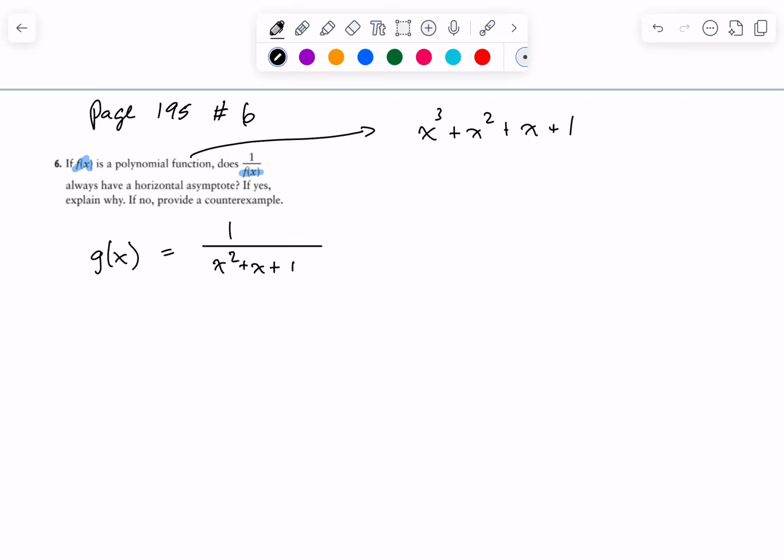In that instance, you have to recall, because we're talking about horizontal asymptotes, you had 3 conditions. Horizontal asymptotes exist in 2 instances. One, where the degree in the numerator is less than the degree in the denominator.